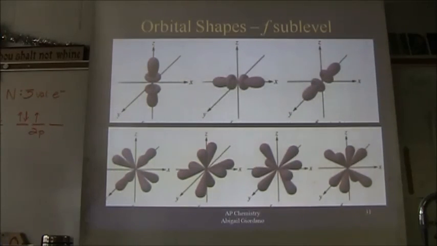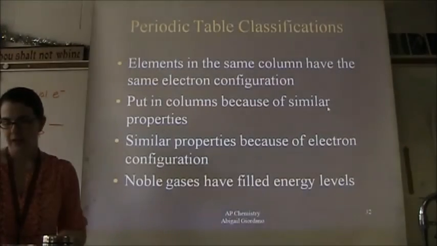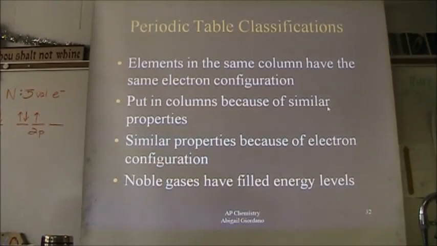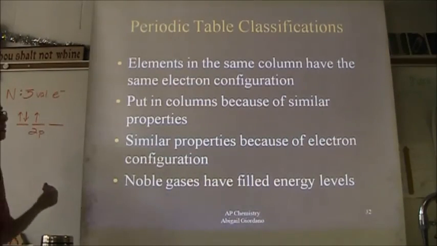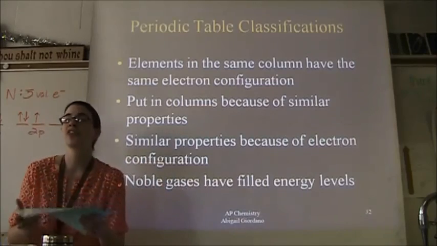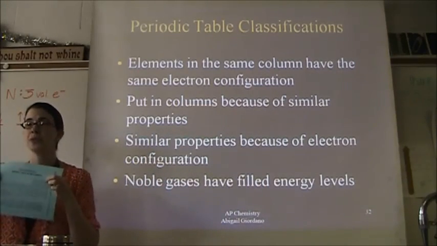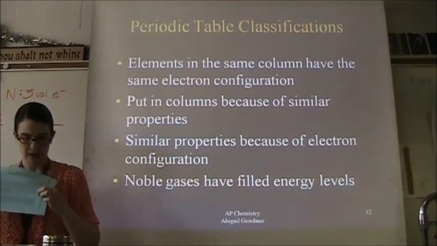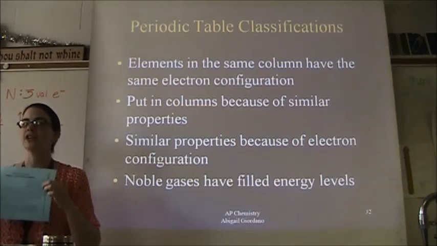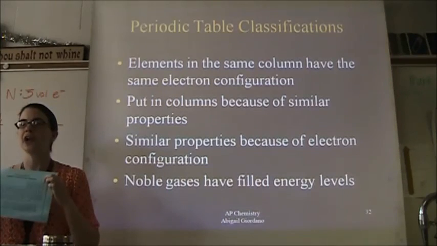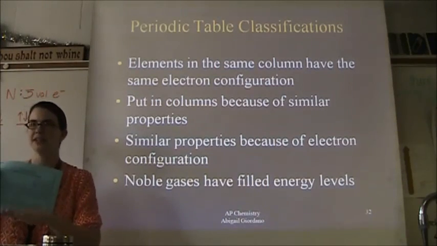All right. But the take-home message here, guys, your periodic table is a work of art. It is organized perfectly. If you think about it, take, let's say, your halogens right here. Think about how the electron configurations for all of your halogens end.